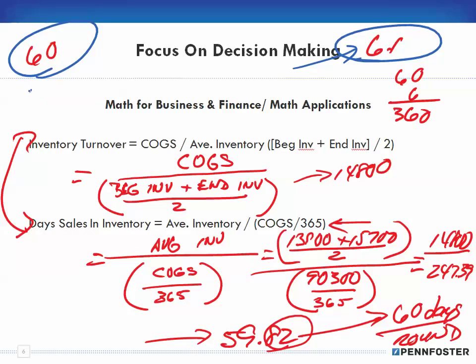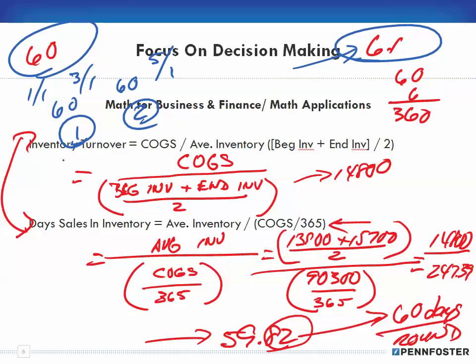So from January 1st, if I go to March 1st, which is 60 days, right? That means I turn over the inventory one time. Then between March 1st and April 30th, that's another 60 days. I turn the inventory over a second time. And by July 1st, that's another 60 days. I turn it over a third time. So I hope you're understanding what the relationship here is.